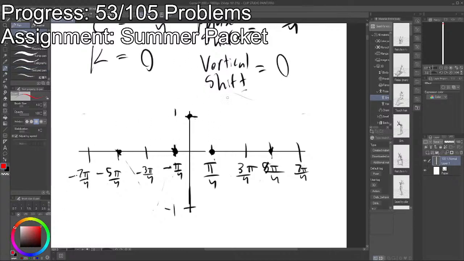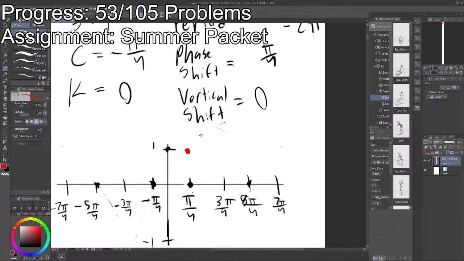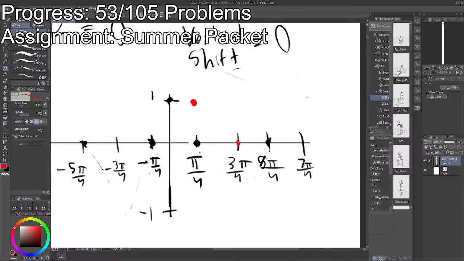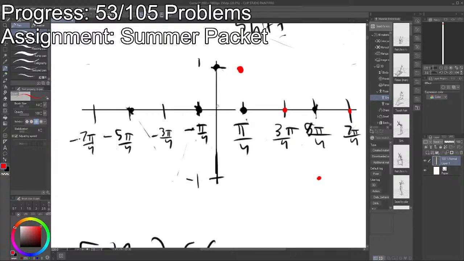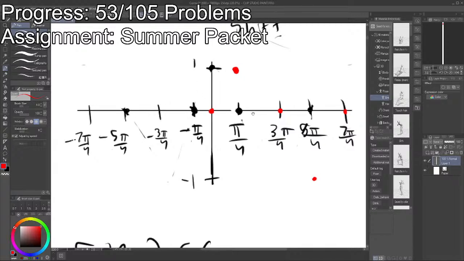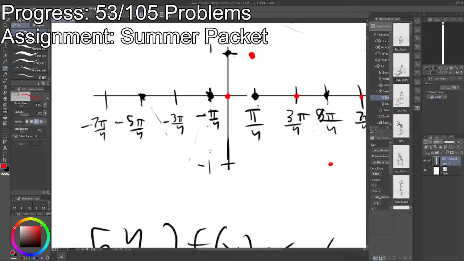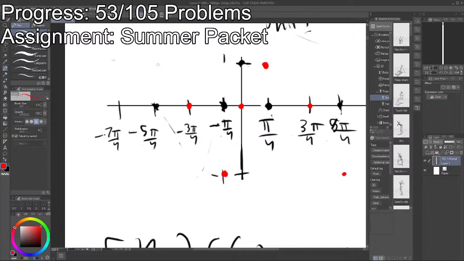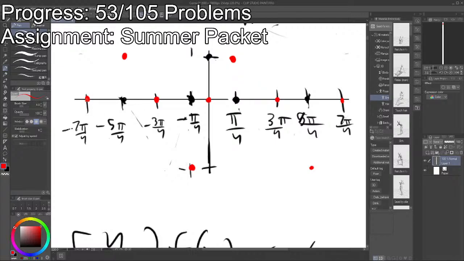I'm gonna draw them in red, actually, so I don't have to erase all of them. So I think it looks more like this.